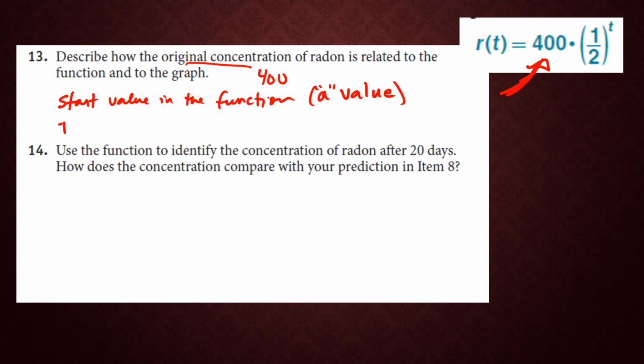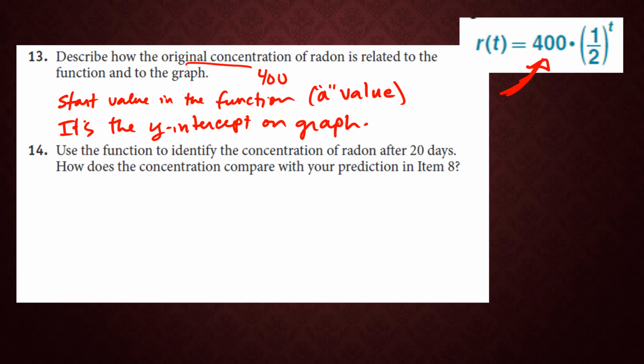On the graph, it's the y-intercept. It's where at 0 half-lives the amount we had. So it's the y-intercept on the graph, which is our starting place. Always has been.